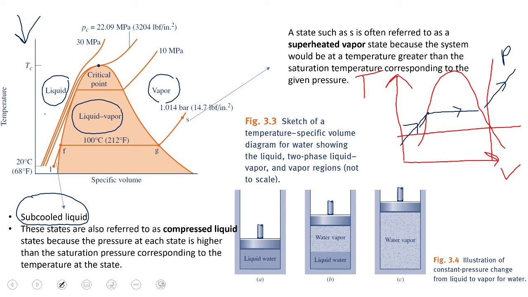Then we reach the liquid vapor region, and as we keep on heating, all the liquid vapor reaches vapor only, and after 100% vapor we have again this region on the right hand side, called superheated region.